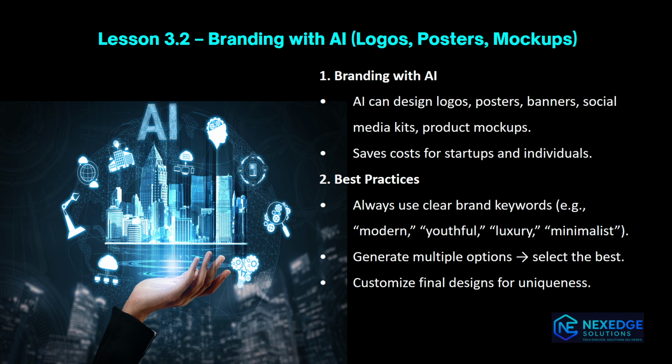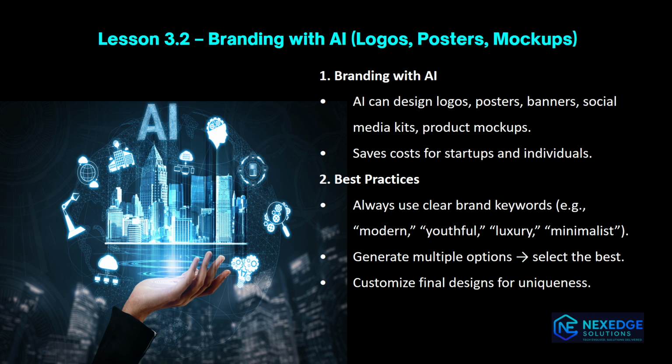And the best practices. This is a tip of what you should know when branding with AI. Always use clear brand keywords, e.g., modern, youthful, luxury, minimalist. These are a style, a font style, and the likes.